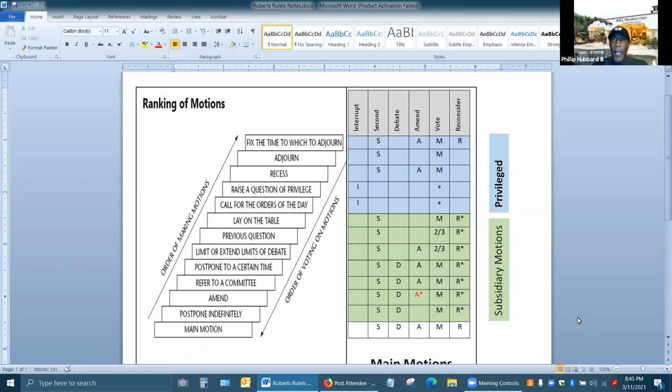The committee will then discuss it, do whatever they want, and then they will bring it back to the assembly. It doesn't have to be done at the same meeting. It can be a couple of months down the line, but it's referred to committee, and the committee will then bring it back to the assembly. We'll get into it coming back to the floor a little later.